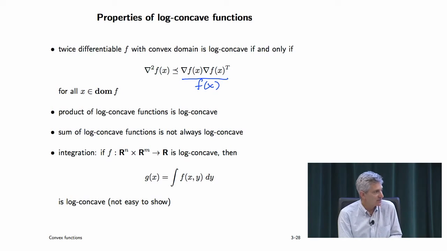It says the Hessian is negative semi-definite. Here, though, you allow the Hessian to be less than or equal to a rank 1 matrix, right? So you have to know a few things with what I'm about to say, but I'll say it anyway. That says one eigenvalue of the Hessian can be positive, and you can still be log concave. Okay? Now, how do I know that?